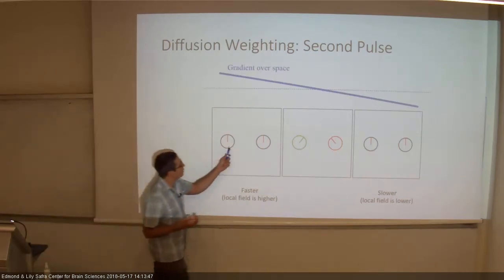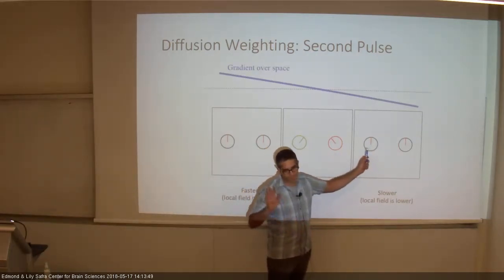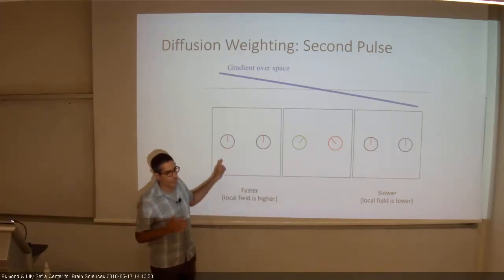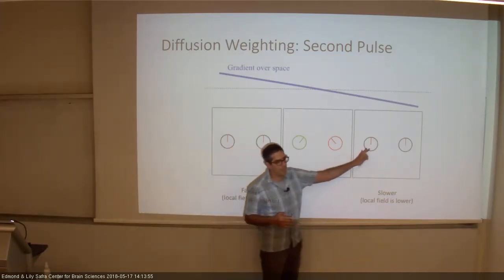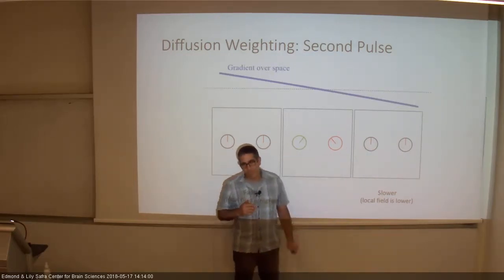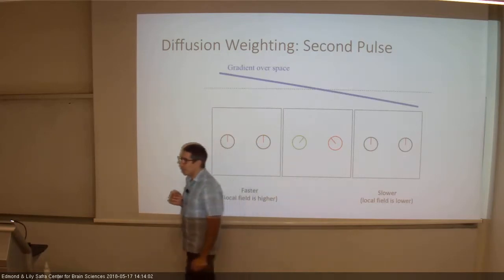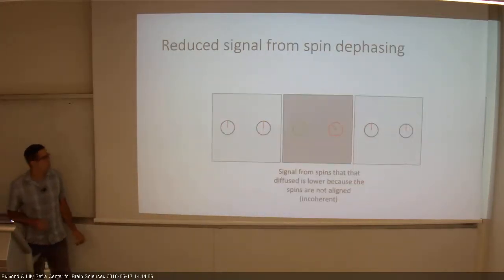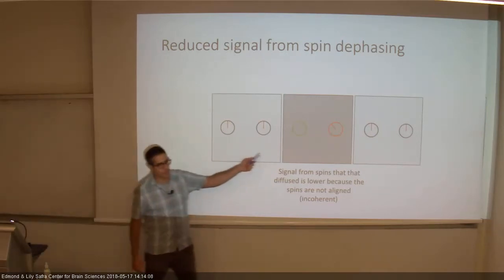Those guys, because they didn't move at all, it's like an imaginary scenario where nothing happened for these guys, so they just come back and I have maximal signal. In here, some of them moved, and so we're going to have a decay in the signal. So we have a diffusion contrast.